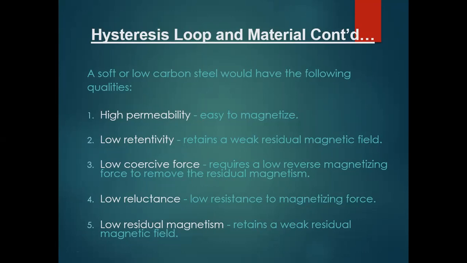And if reluctance is low, then retentivity is also less. It easily leaves the magnetic field. With less residual magnetism, less reverse magnetizing force is necessary to remove the magnetic field, so coercive force is low. If permeability is high, all other properties will be low. If permeability is low, all other properties will be high.